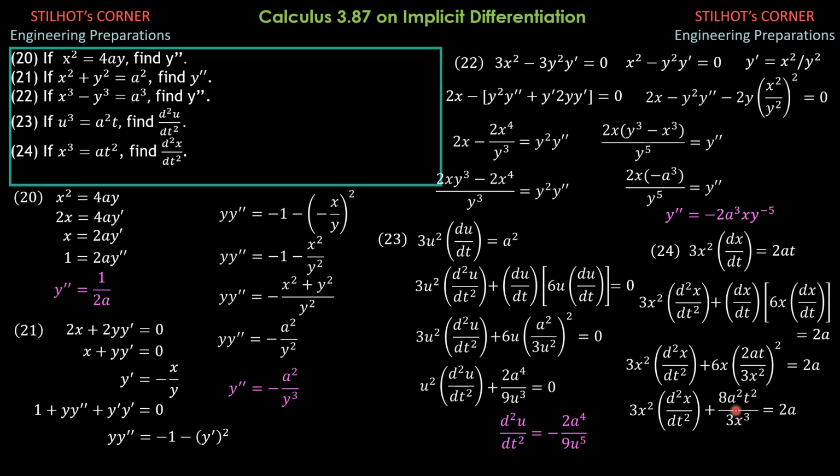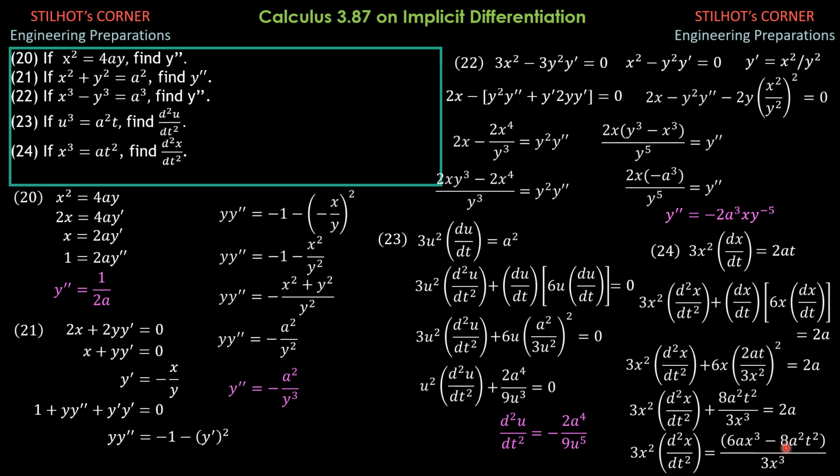So that's why this is now the simplified term, equals 2a. So we have 3x squared times the second derivative of x with respect to t equals 6ax cubed minus 8a squared t squared, whole over 3x cubed.